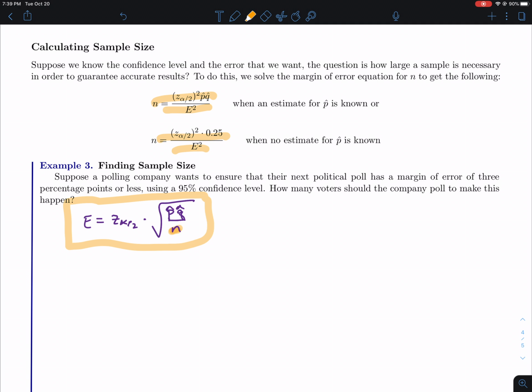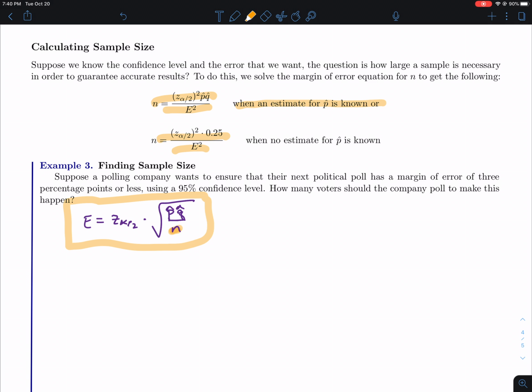All right. Now we do have to be careful in this case because notice there are two different formulas going on, because sometimes we won't necessarily know what p hat is. So the first example is if we know p hat is given, and if we know p hat, then we know q hat.